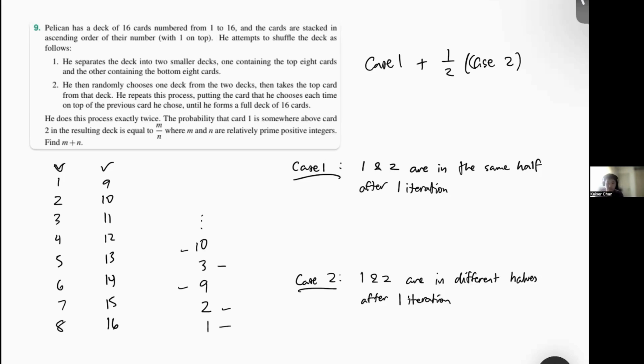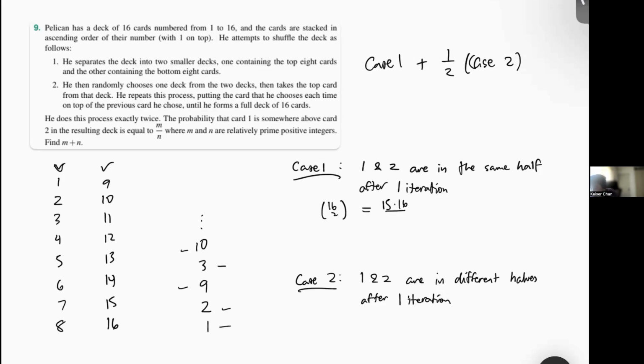So all we need to do is to evaluate the probability for each case. Note that the total number of ways to choose the position of cards 1 and 2 is 16 choose 2. And we can actually evaluate that right now. 16 choose 2 is 16 times 15 over 2.